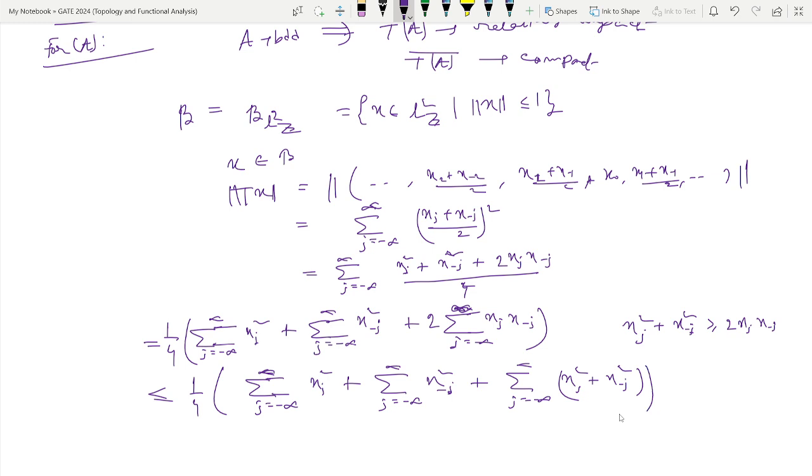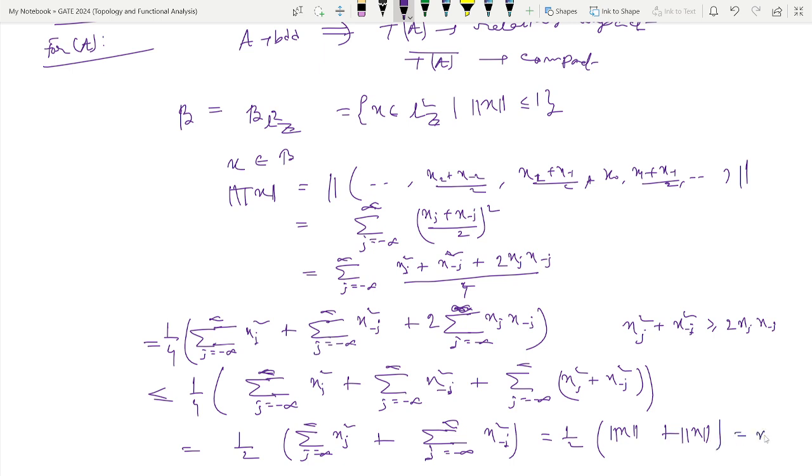Simply calculating this, we get half the summation of xj square plus the summation of x minus j square, and clearly the summation of xj square is our norm x, and the summation of x minus j square is also our norm x.